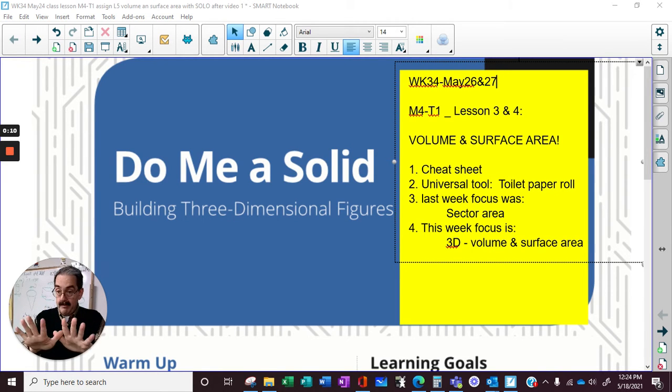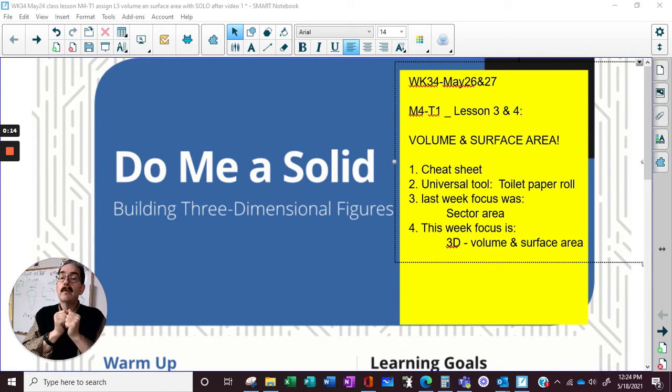We're going to wrap up circles, volume, surface area today. Okay? So, the other day, we took the universal tool, paper towel and toilet paper roll. Last week was all about the circle.